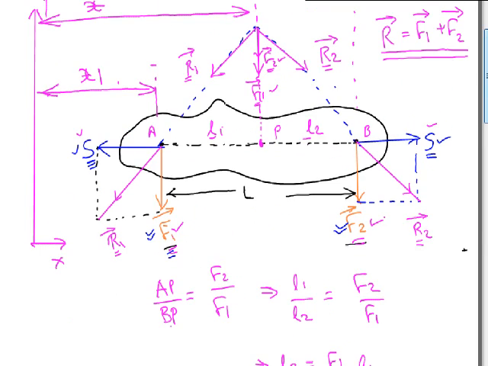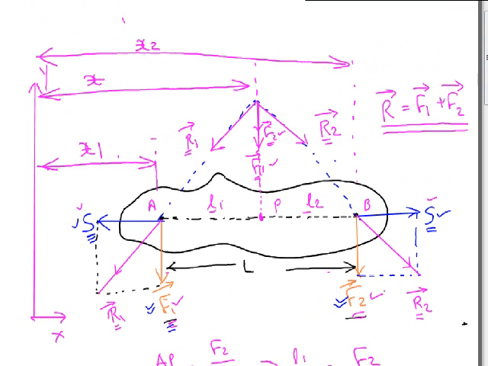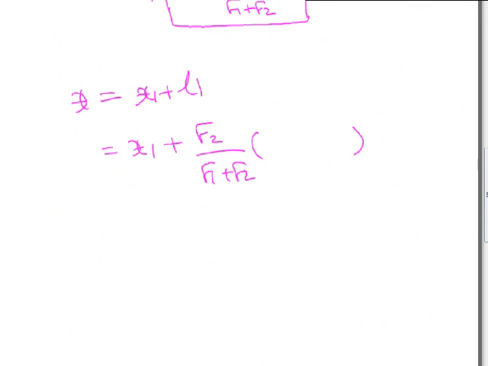We can now see this distance L is x2 minus x1. This we can simplify as F1x1 plus F2x1 plus F2x2 minus F2x1.